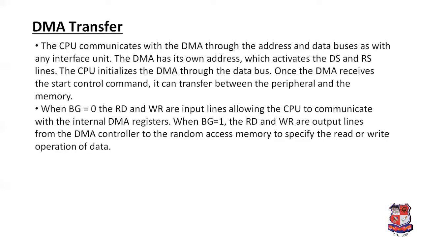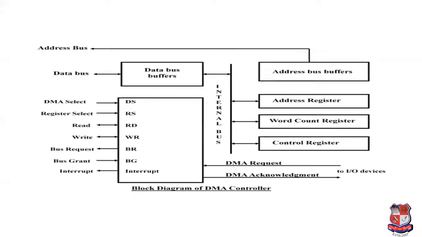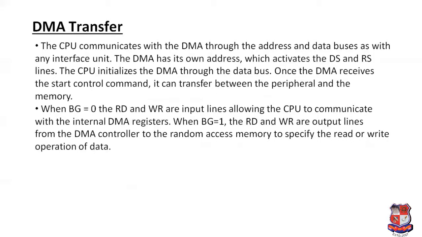The CPU initializes the DMA through the data bus. Once the DMA receives the start control command, it can transfer the data between any peripheral device and the main memory.